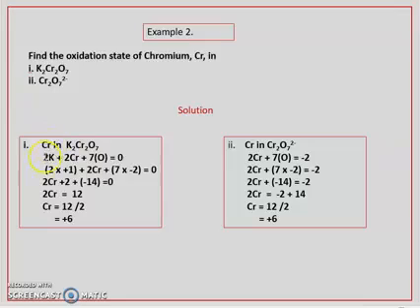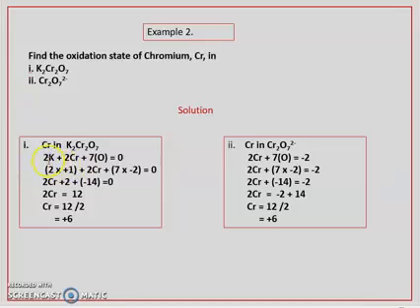So what we do now is that the oxidation state of potassium plus that of chromium plus that of oxygen will give you 0 because this is a compound. So what we have is 2K because we have 2 potassium here, 2 chromium because we have 2 chromium, plus 7 oxygen because we have 7 oxygen, equals 0.